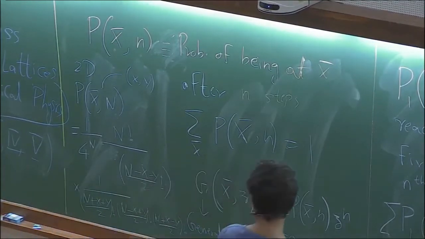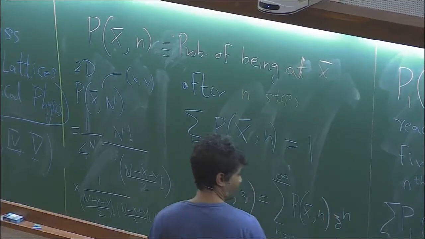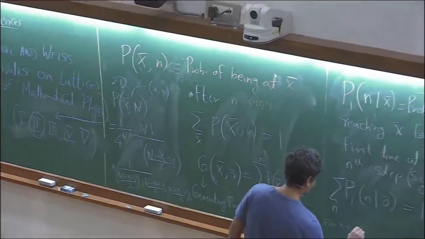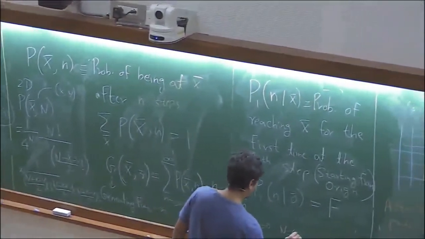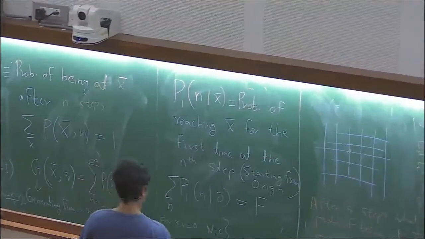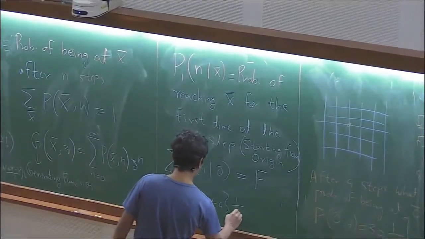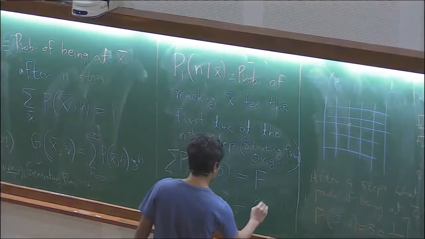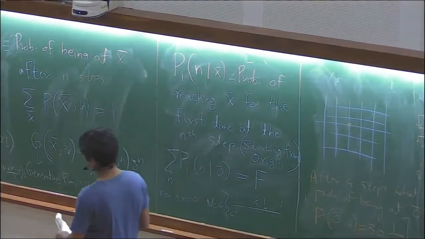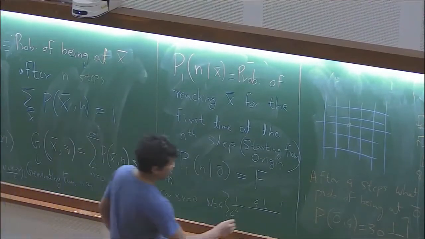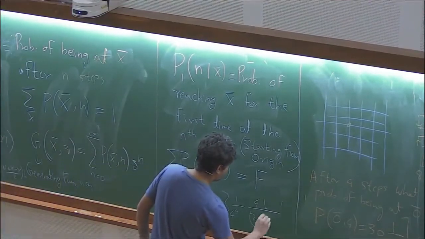So then you get 1 by 4 to the power 4 and 4 factorial divided by, so this is basically 2 factorial to the power 4, right? So 2 factorial to the power 4.